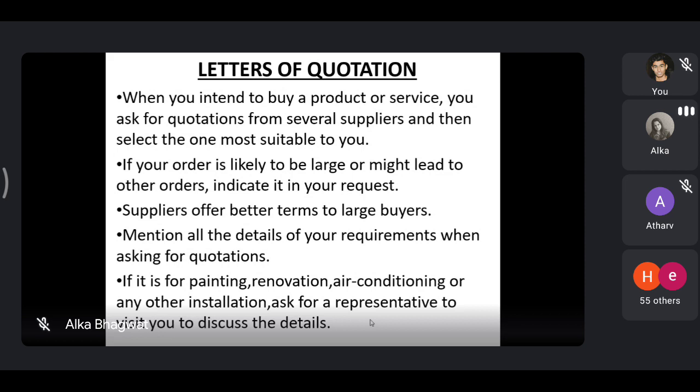Say Mr. X gives me a quote of 2 lakhs, another person gives me a quote of 3 lakhs, and so on. From that, whoever suits my pocket, I will ask him to come, and then we generally have a negotiation, a discussion about giving a discount and things like that.